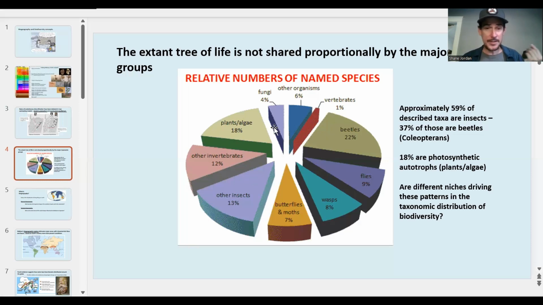And then less so, we see that there's a pretty significant chunk of this pie made up by organisms that do photosynthesis. And it's not terribly surprising that that's the case, because photosynthesis is a pretty important ecological process. It allows energy to be taken from the sun by photosynthetic organisms, mostly plants on land and more often algae in the water.